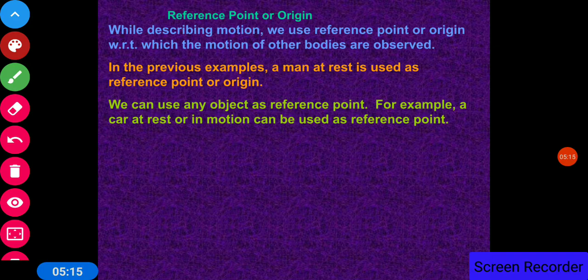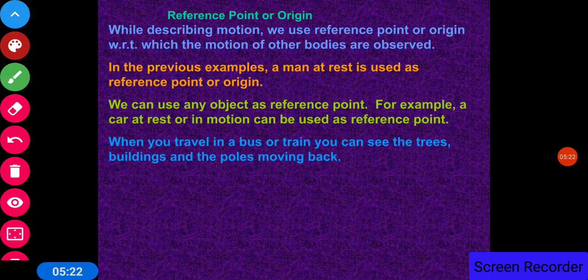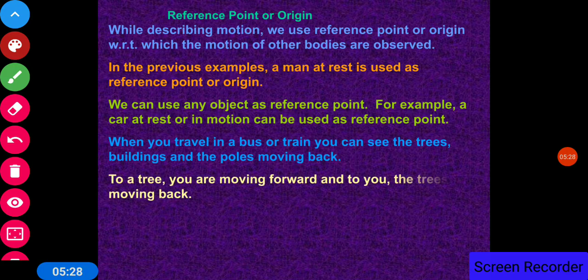For example, a car at rest or in motion can be used as a reference point. When you travel in a bus or train, you can see the trees, buildings and the poles moving back. So, to a tree, you are moving forward, and to you, the trees are moving back. So, it depends on which one is moving forward or which one is moving backward.